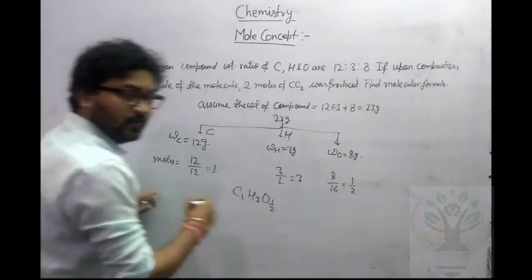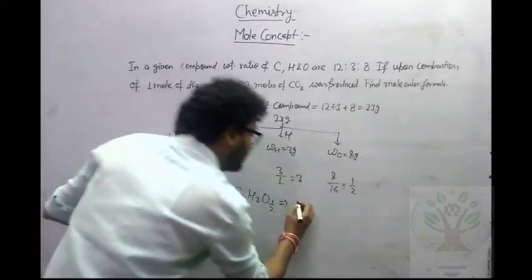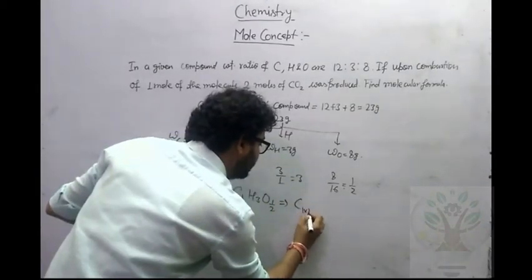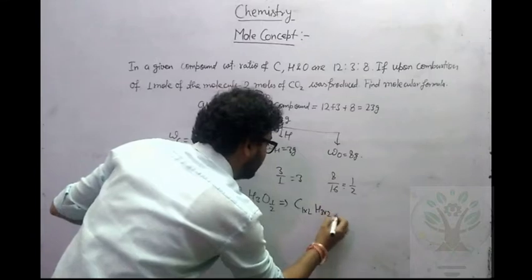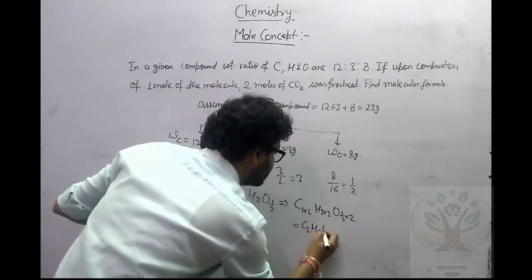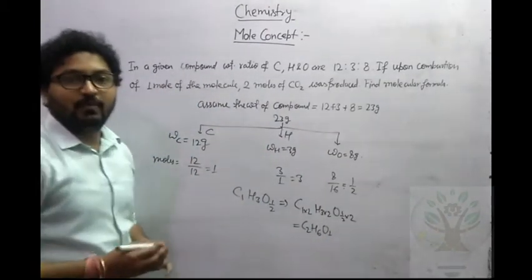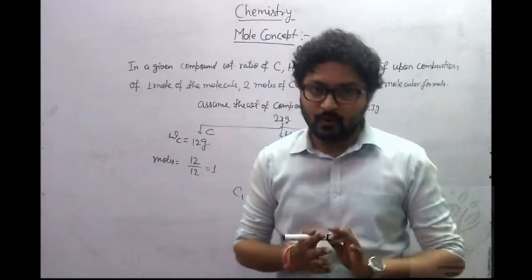Now for finding the empirical formula, multiply everything by 2. So it will give us C1 into 2, H3 into 2, O half into 2. So it will give us C2H6O1. So this is the empirical formula, C2H6O1.